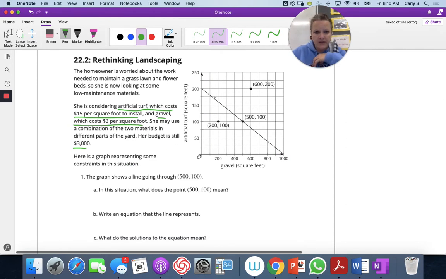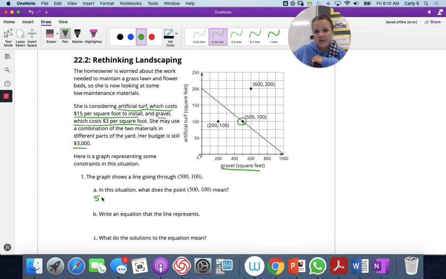Okay, so this graph is actually different because it doesn't cross at 1,500 like the last one did, right? So let me erase that because I don't want to confuse you. All right, so the graph shows a line going through 500, 100, right there. In this situation, what does the point 500, 100 mean? Well, 500 would be your square feet of gravel.